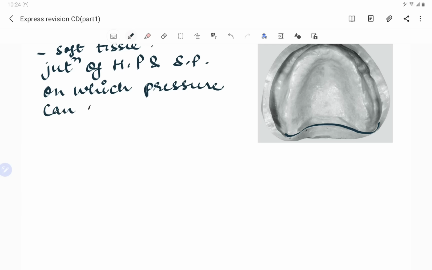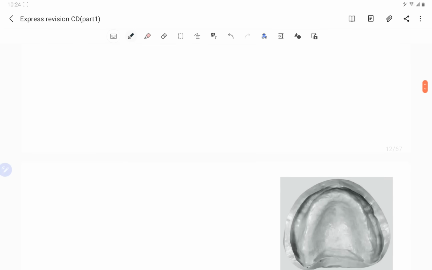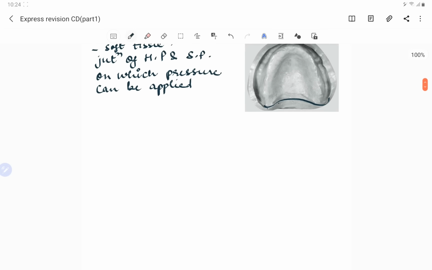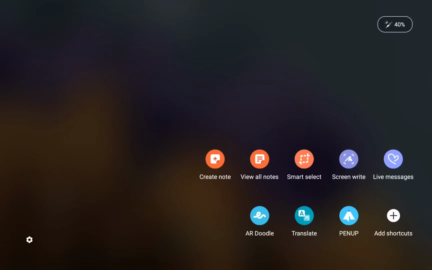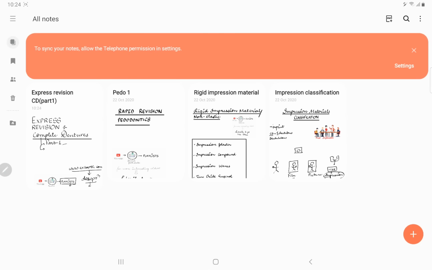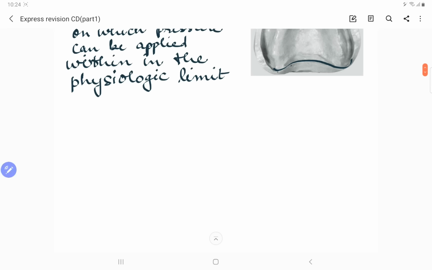This is very important: within the physiologic limit to aid in the retention of the denture.